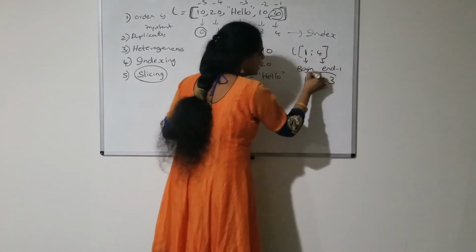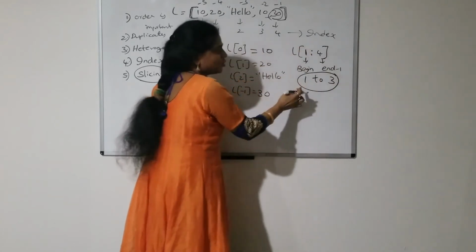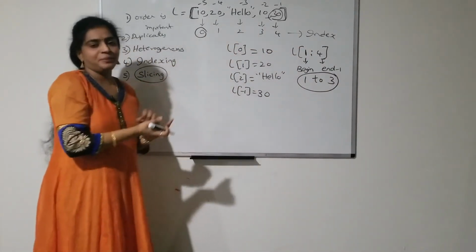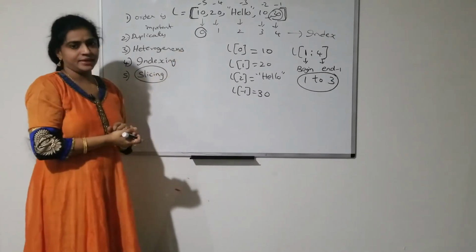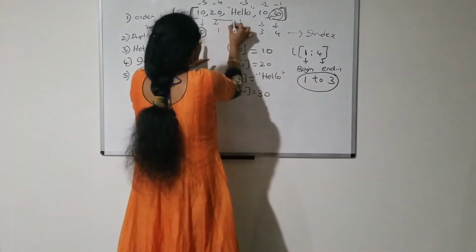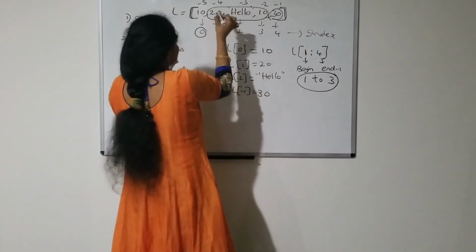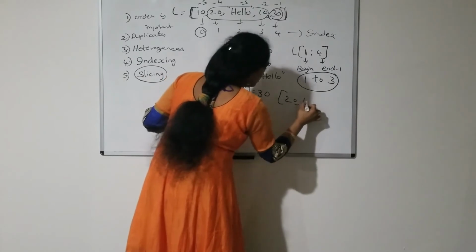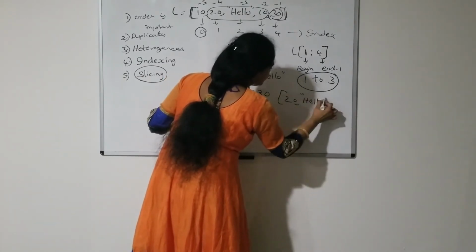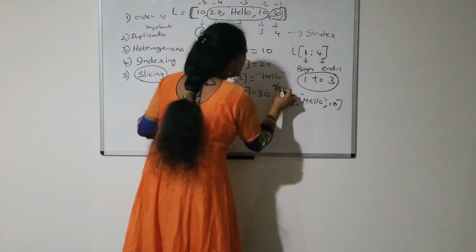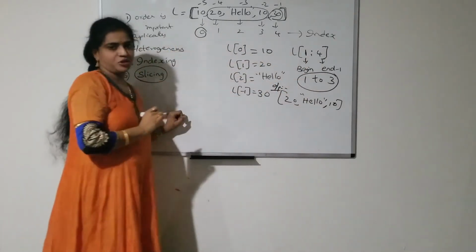The objects stored in these index values will be represented by this slicing. So the output will be 20, hello and 10.